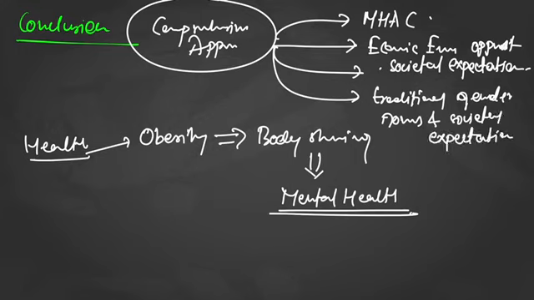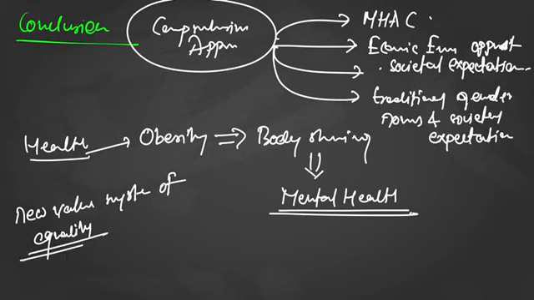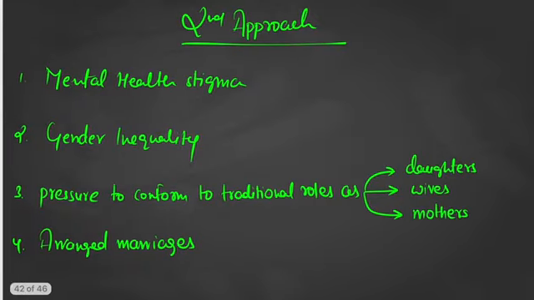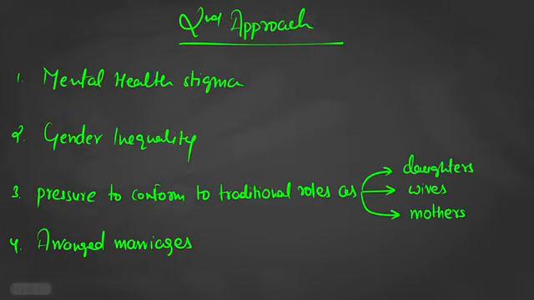Okay, this you can talk about, or you can talk about a new value system of equality. You can also talk about globalization, how globalization is influencing the culture or the values that we have in Indian society. Okay, so let us now go to the second approach.